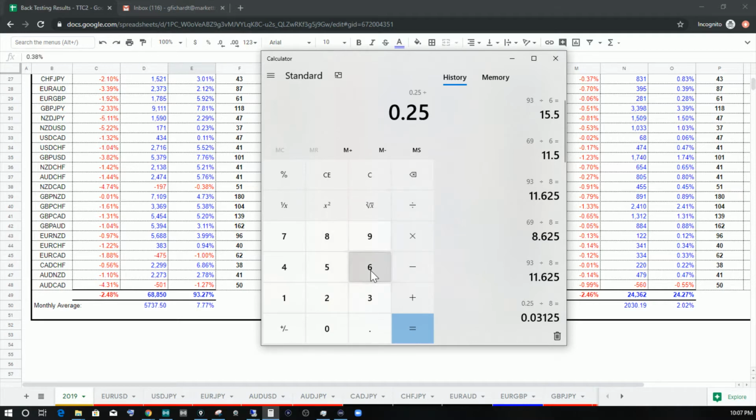Now, if I divide that by 6, I'm going to come up with 0.04% as my risk on each trade. So that's what I want to do. That's the risk that I'm going to take now. I'm going to reduce it to 0.04%, and that's going to allow me to have a minimum drawdown and give me a decent return on investment without getting myself stuck inside a position.